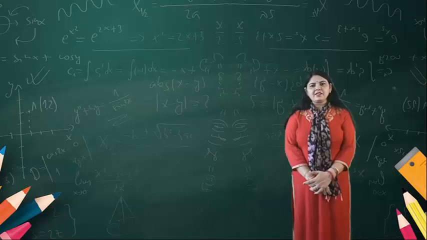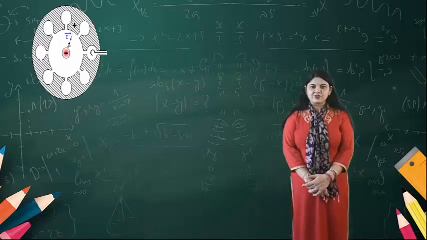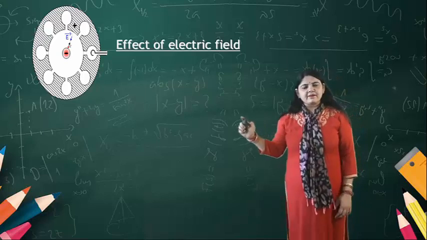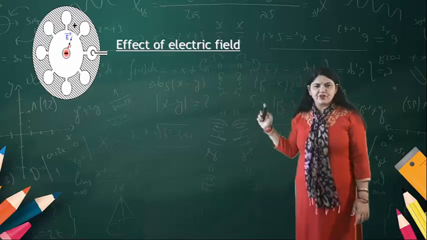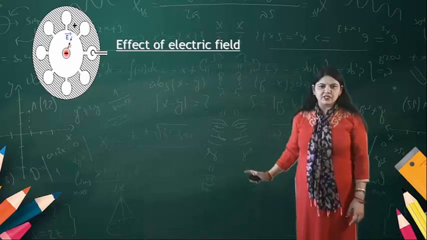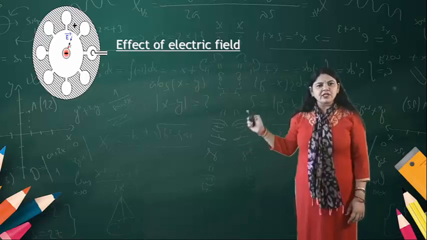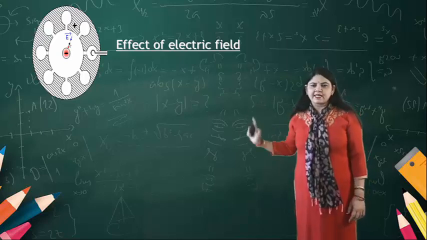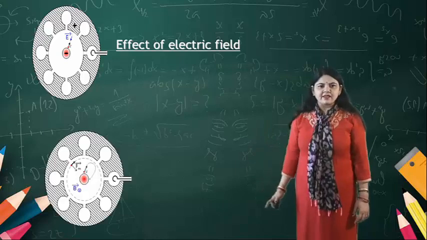Here we will understand about the magnetron. In the diagram you can see that there are n number of cavities tightly coupled to each other, and the effect of the electric field that we can see while the electric waves are traveling.